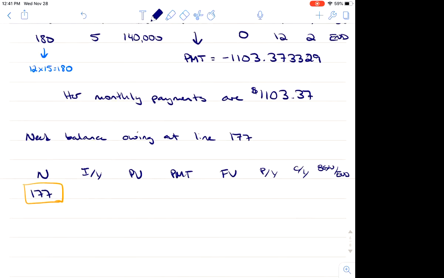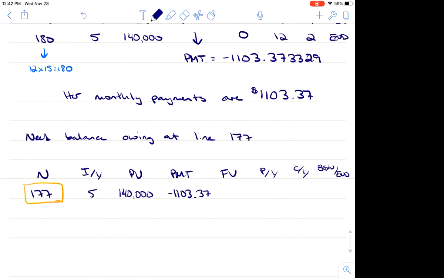The interest per year stays the same, 5. The present value, you're still paying off 140,000, but now you know your payment amounts, and they have to be negative, right? Because you're making these payments, 1103.37. If you made both of them positive, you'd be telling the calculator that first I got 140,000 as a loan, but then I'm also getting 1103.37 every month for 177 months.